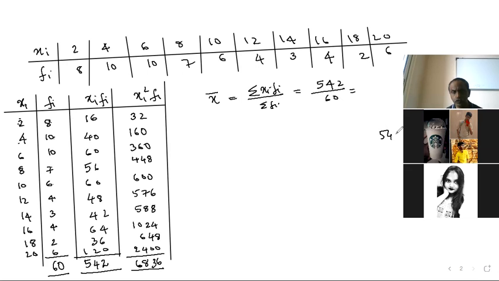So 542 divided by 6 is 90.3. Yeah, 9.03, because 90.3 divided by 10 gives you 9.03.